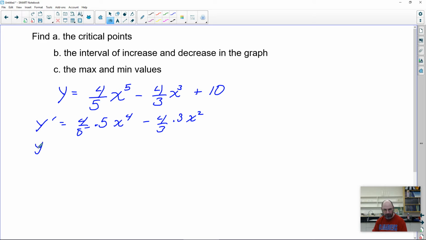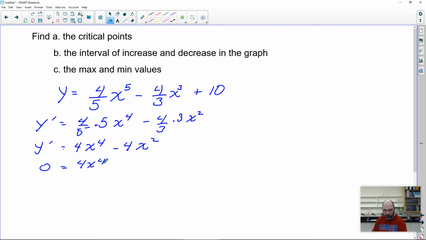So y prime then equals, if we go 20 over 5, that's 4x to the 4th. And if we go 12 over 3, that's negative 4x squared. Okay, I wanted it to work out nicely like that so that we could get some squares in there. Then we set it to 0 to get our critical points.